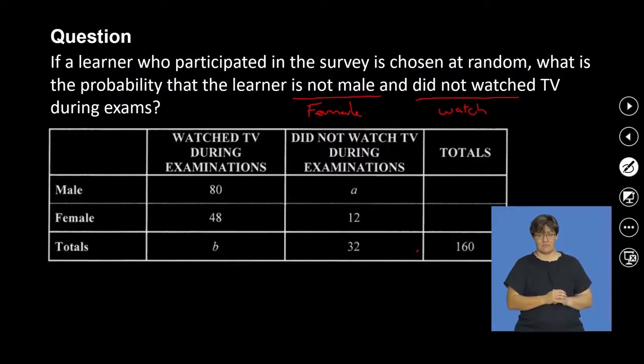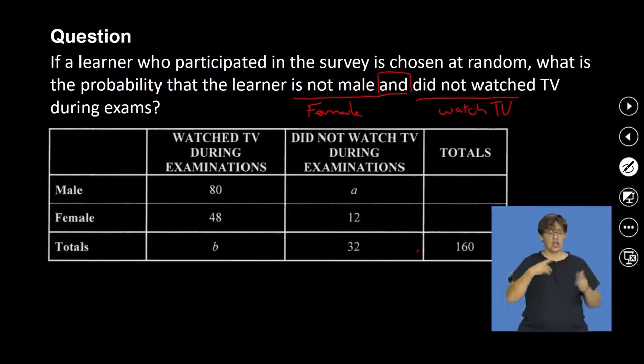So what we're wanting is the complement. And it's important that we look at that word "and." Very important. So the opposite, or the complement of this, is watch TV. We're not worried about the males, so we're worried about the females, these ones here.